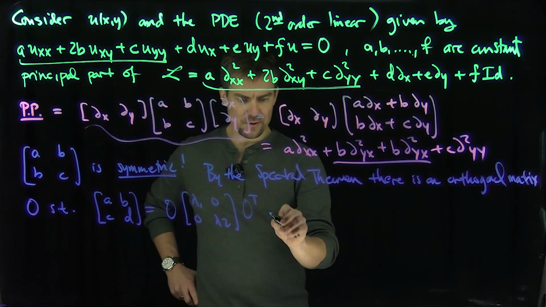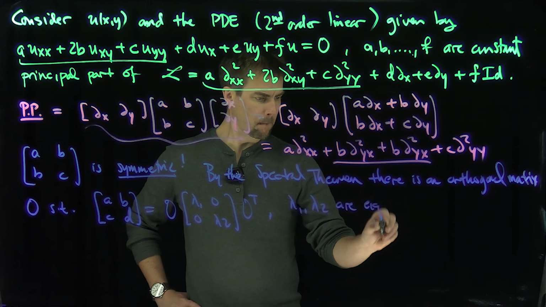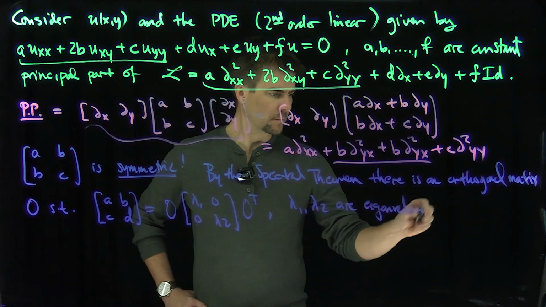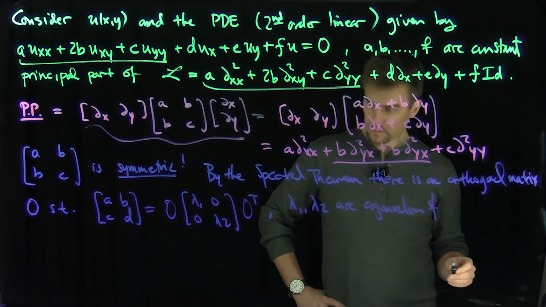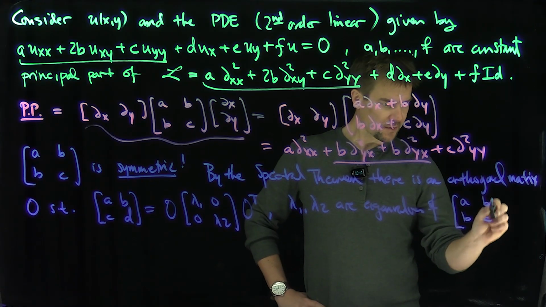And here lambda 1 and lambda 2 are the eigenvalues of the matrix A, B, B, C.